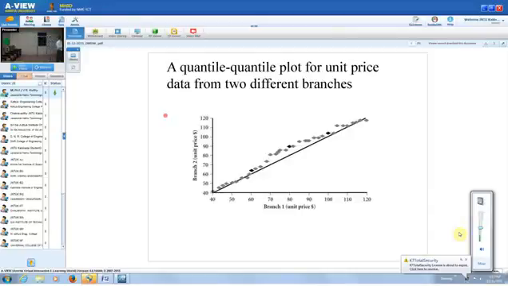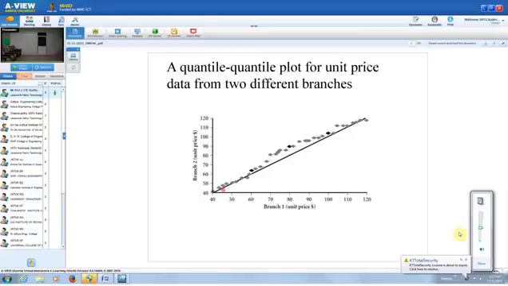See, branch 2 unit prices in dollars, branch 1 unit prices in dollars. Okay. So your first quantile of one branch, where it is showing. Another thing is there for this branch. So the quantiles are placed there.